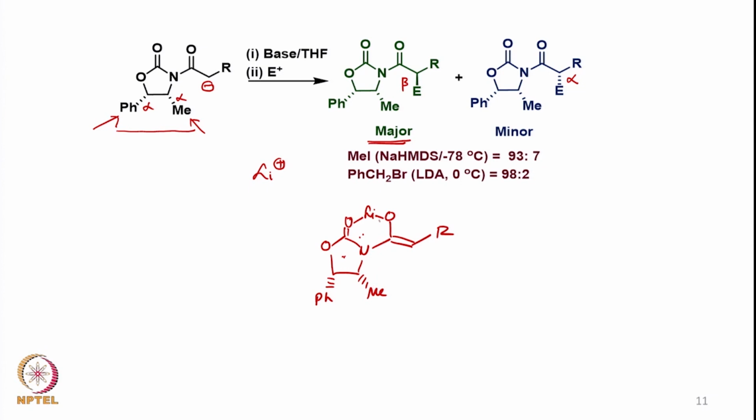But if this particular chelate formation is somewhat loose, then there is a rotation around here, and that can lead to the E-enolate forming, and that will lead to less selectivity. That is why this particular selectivity, as you can see, one is 98:2, the other is 93:7. Therefore, generally as we have seen, lithium and boron enolates are better in terms of achieving better selectivity.